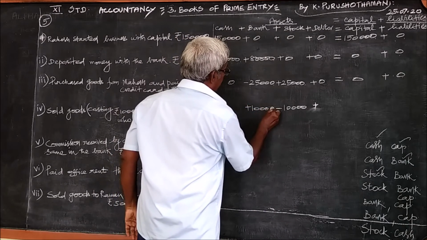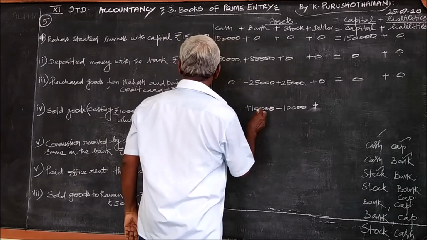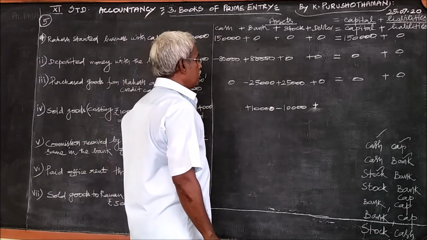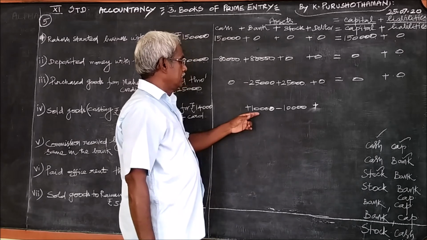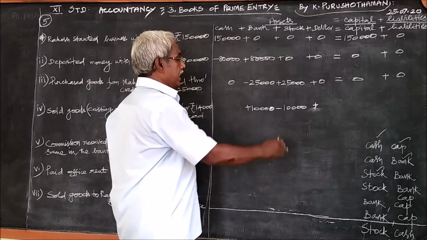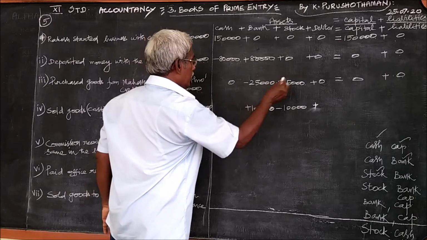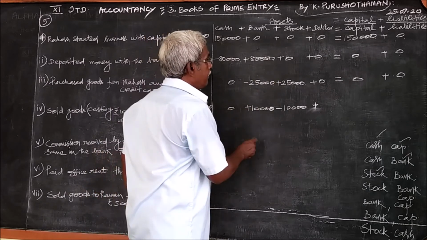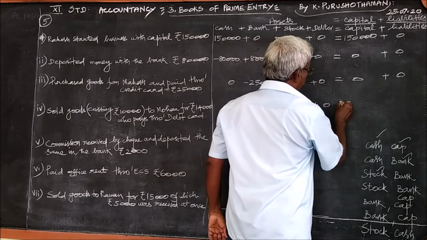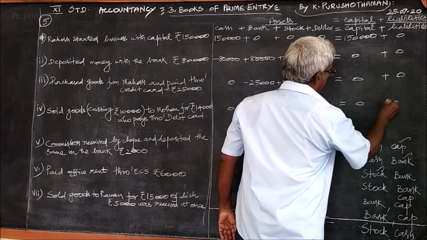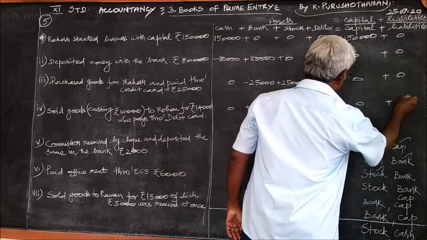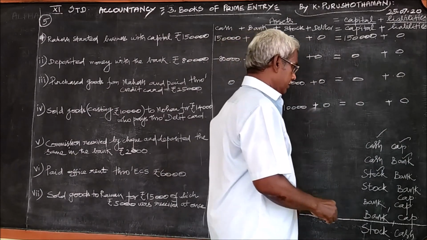Pays through debit card means it comes to our bank account. 10,000. So minus 10,000 plus 10,000 is 0. Left hand side 0, right hand side 0. What all is left? Without any number, put 0 there. 0 plus 0. The next item.